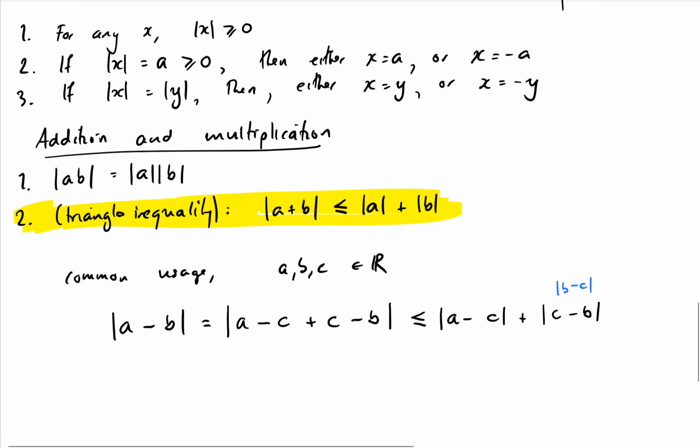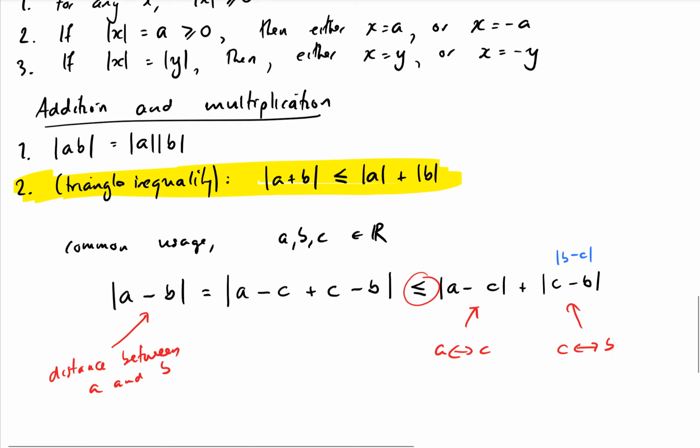So what this says is the distance between points A and B is less than or equal to the distance between A and C, and the distance between C and B. And this is why it's called the triangle inequality.